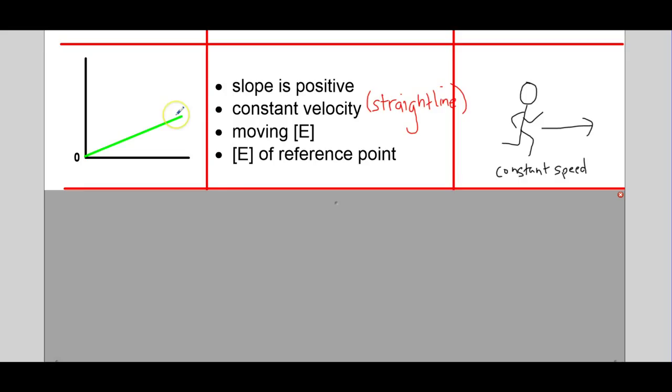And that straight line tells us, remember, no matter where you are on that line, your slope is always going to be the same. That also means that it's moving at a constant velocity because its slope is not changing on a straight line that's at an angle. Okay, and as time passes, we're moving further and further away from our reference point in the east direction. So we can say that it's moving east at a constant velocity. Okay, and so this could be somebody moving east at a constant speed or velocity.